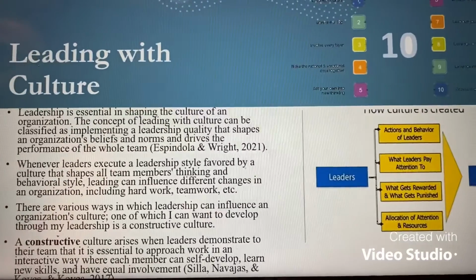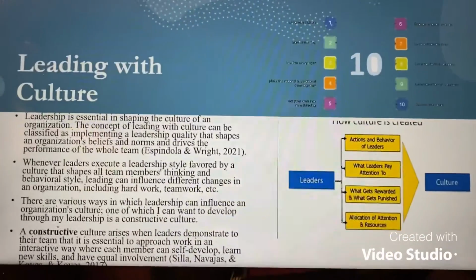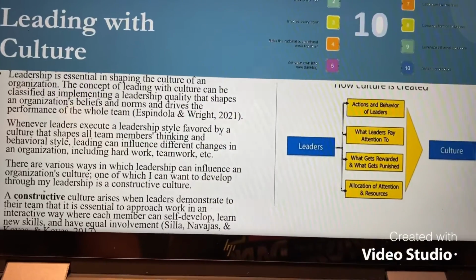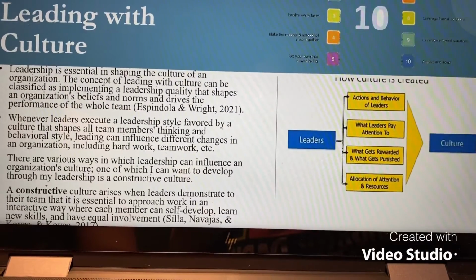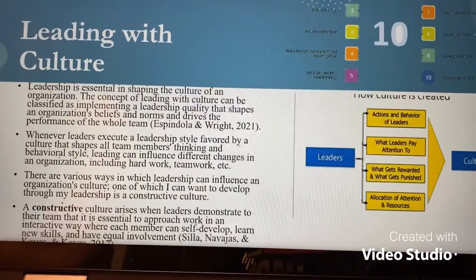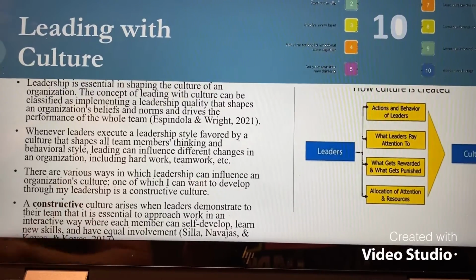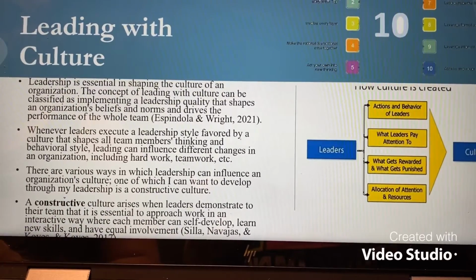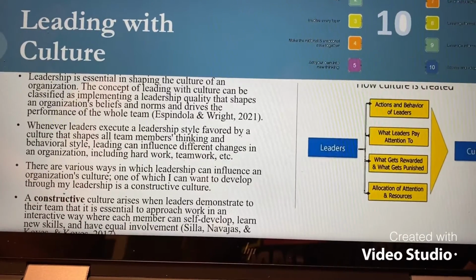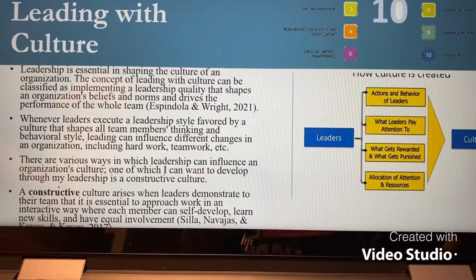A constructive culture arises when leaders demonstrate to their team that it is essential to approach work in an interactive way where each member can self-develop, learn new skills, and have equal involvement. A leader acting as a role model and developing an excellent environment to foster a specific culture is necessary.